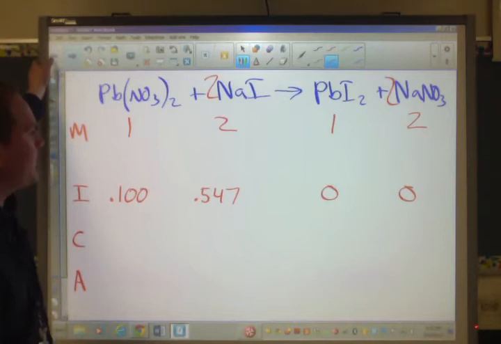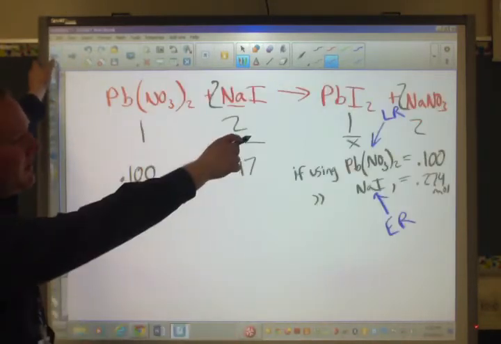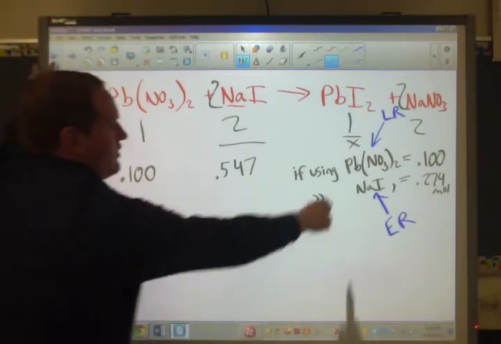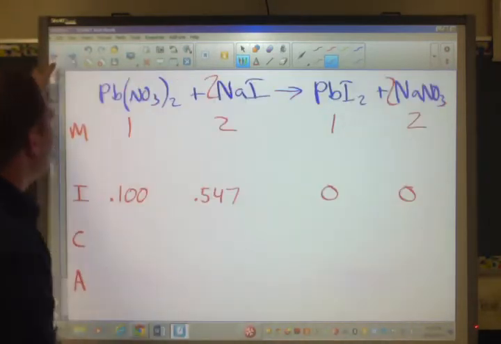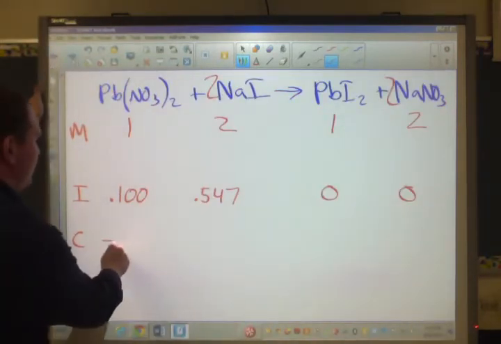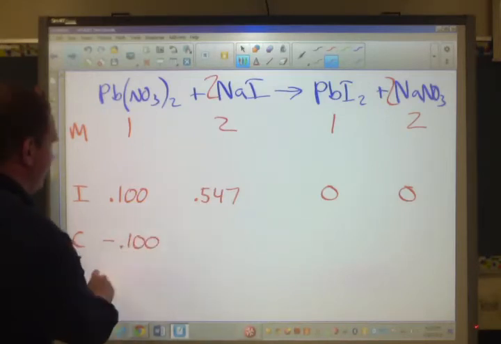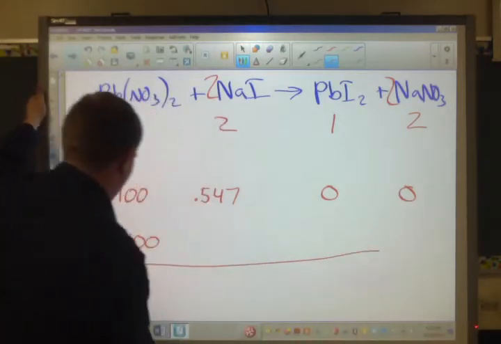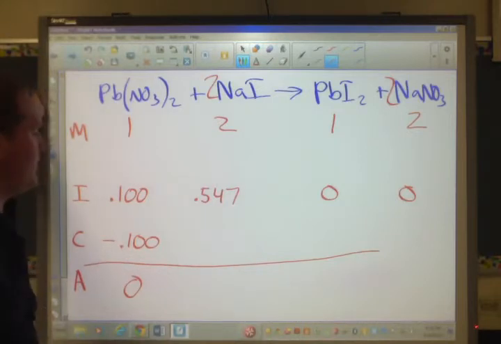My limiting reactant is going to be completely depleted. We already said that my limiting reactant is Pb(NO3)2, which is this, so I'm going to say minus 0.100, giving me 0 moles left over. Now here is a hint we're going to look for. What are my mole ratios?